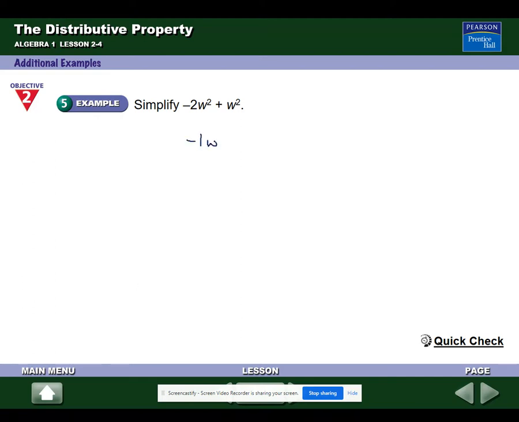Negative 1 w squared, or just negative w squared. One more thing, and I'm glad they did put the exponent in here because it allows me to make this point. It's not w to the 4th. This is not a multiplication situation. If you have negative 2 of something and you add 1 of that something back in, now you're negative 1 of that very same something, w squared.